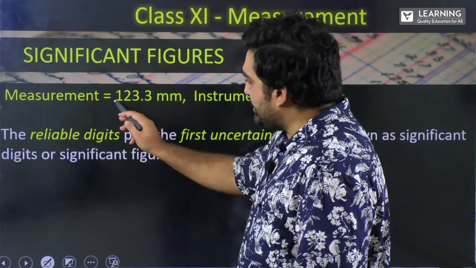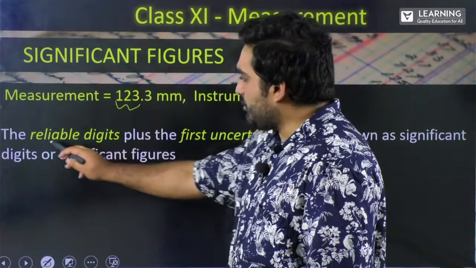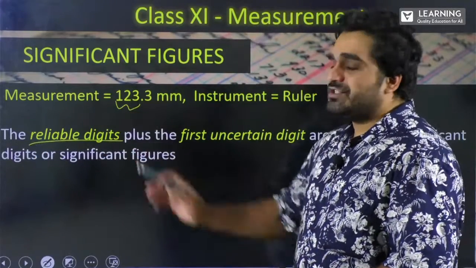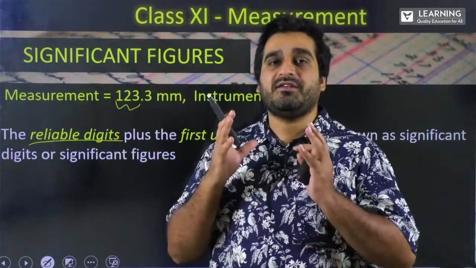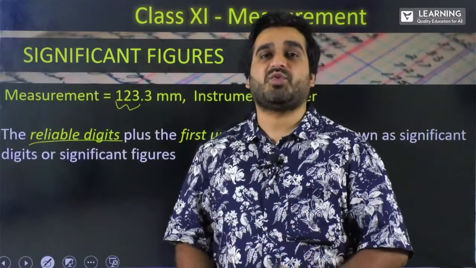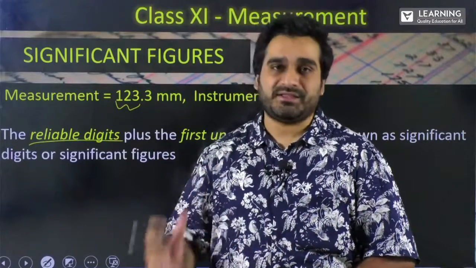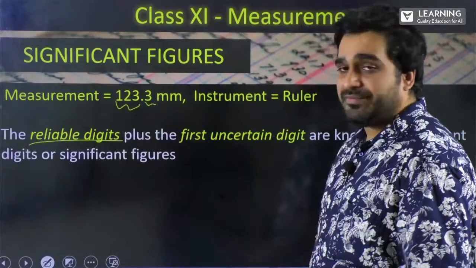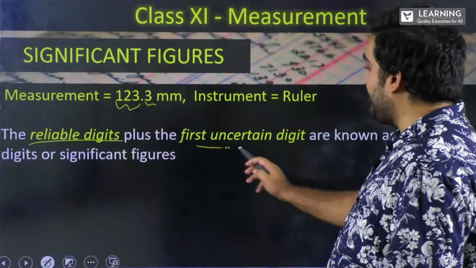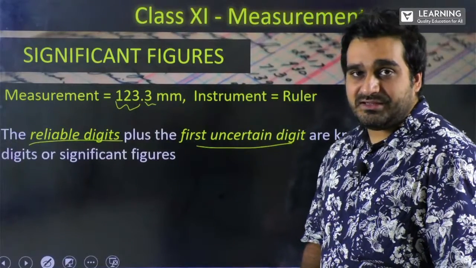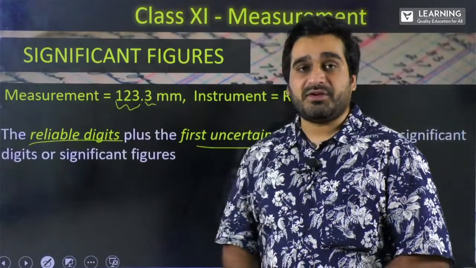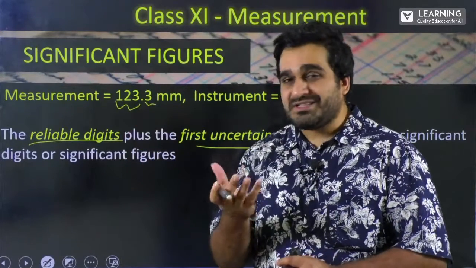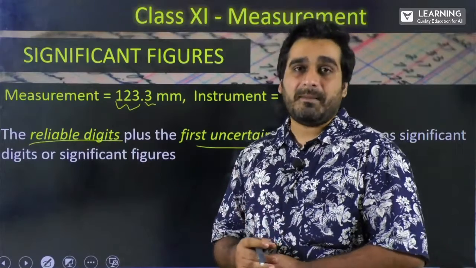The first three digits that you observe are called reliable digits. These digits tell you that you can be sure of the measured quantity being 123. On the other hand, the last digit is called the first uncertain digit, uncertain because there might be an error due to the lower precision of 0.1 millimeter.